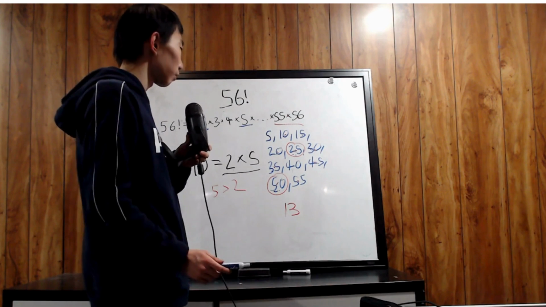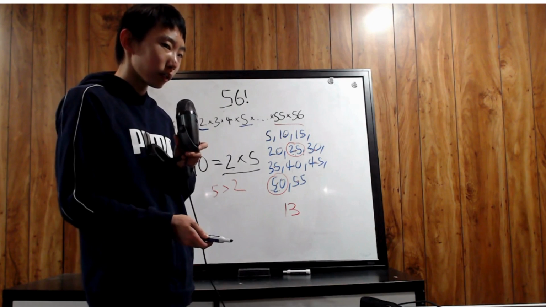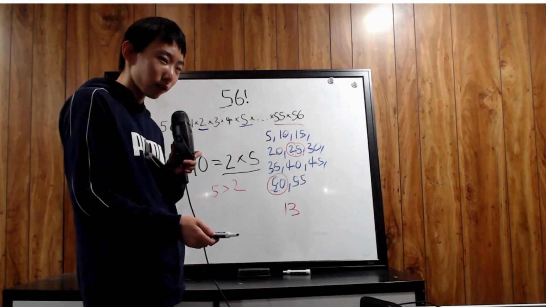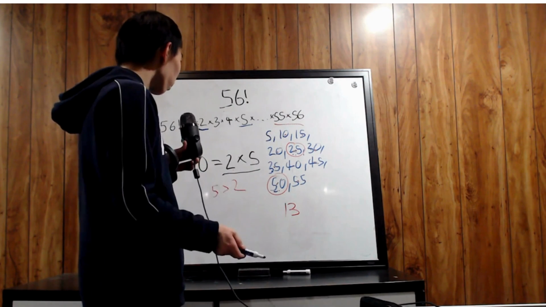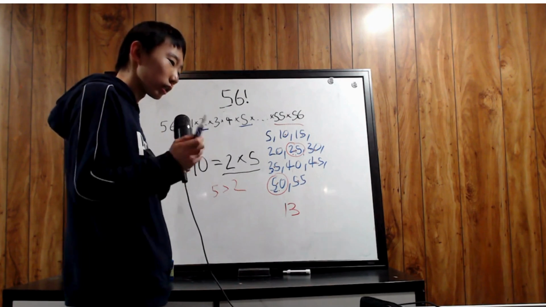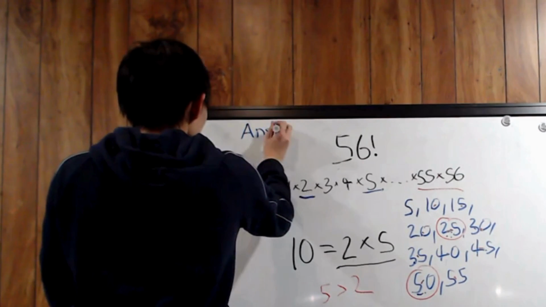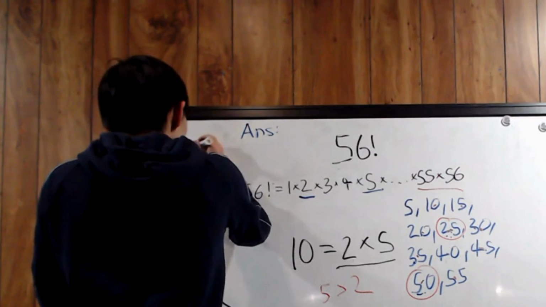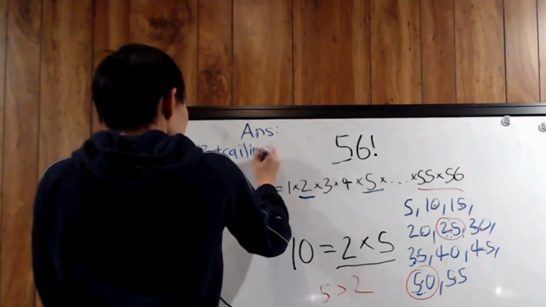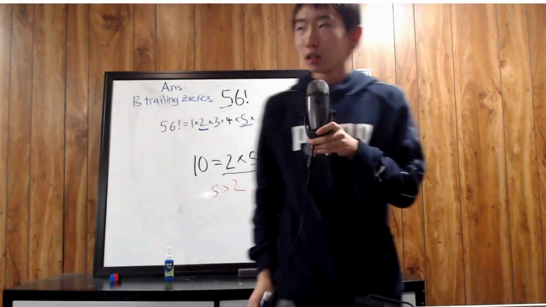And if there are 13 pairs of 2 and 5, then there are 13 factors of 10. And 13 factors of 10 is 13 trailing zeros. So therefore, 56 factorial has 13 trailing zeros. And that is our answer here.